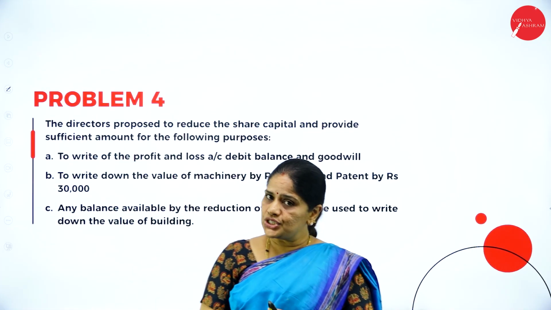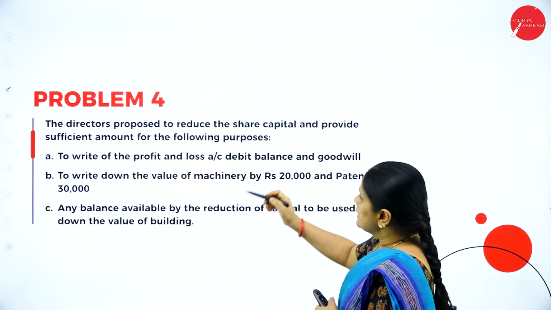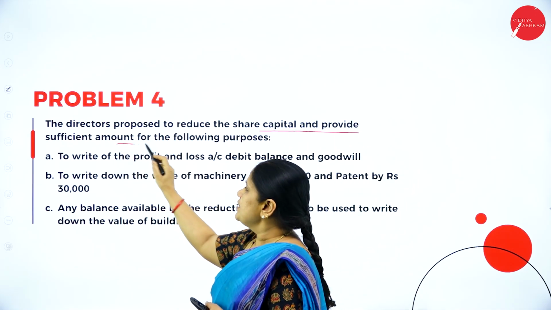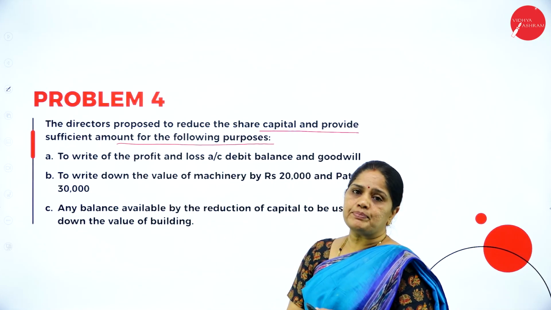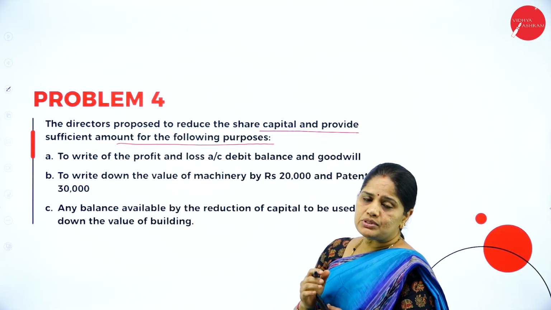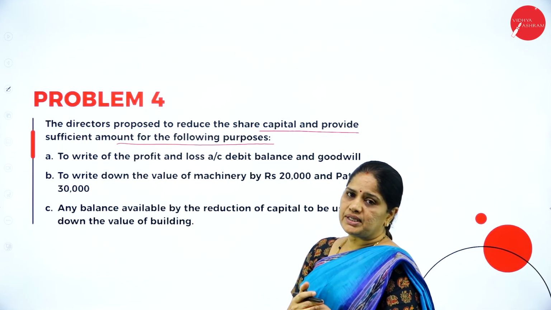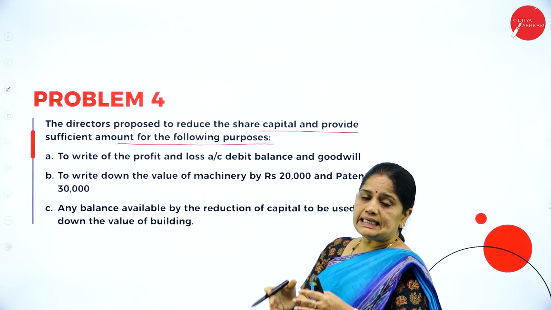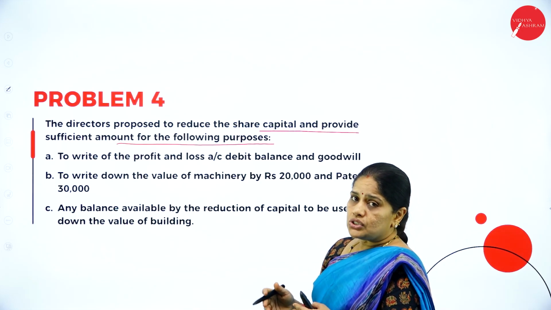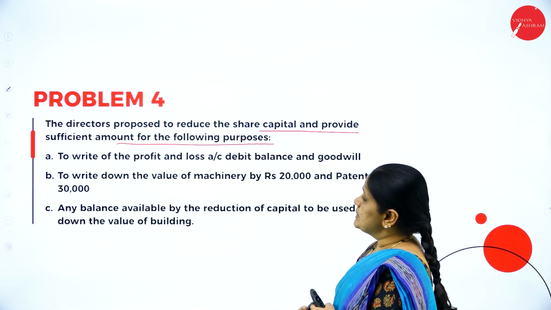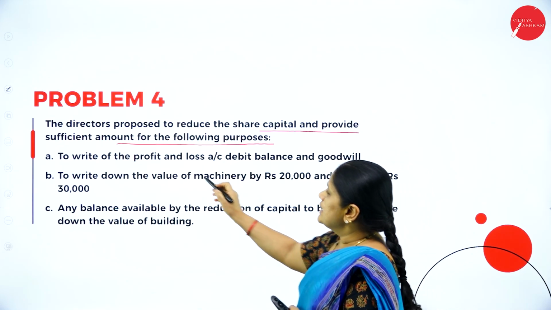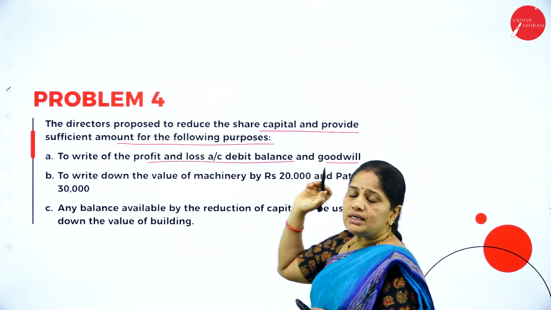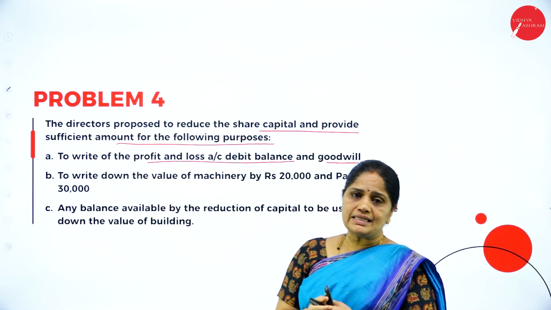Now we have the additional information here. The directors propose to reduce the share capital and provide sufficient amount for the following purposes. So the directors are proposing to reduce the share capital and they are making use of that amount which is collected in the capital reduction account for other purposes. To write off the profit and loss account debit balance and goodwill. Now what does this profit and loss account debit balance denote?